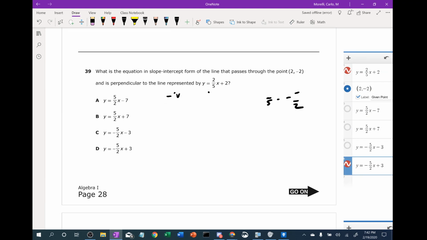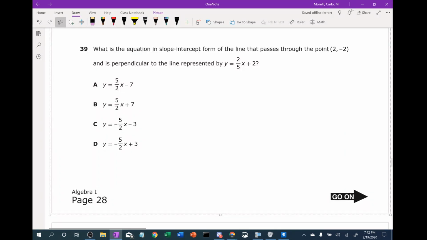I love this question. So number 39. What is the equation of the line that passes through the point (2, -2) and is perpendicular to the line represented by y = 2/5 x + 2? Remember, perpendicular lines form a 90-degree angle with each other.